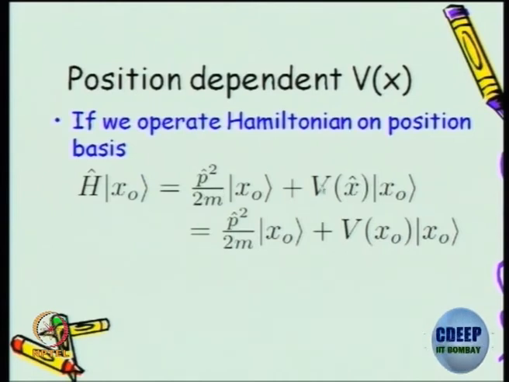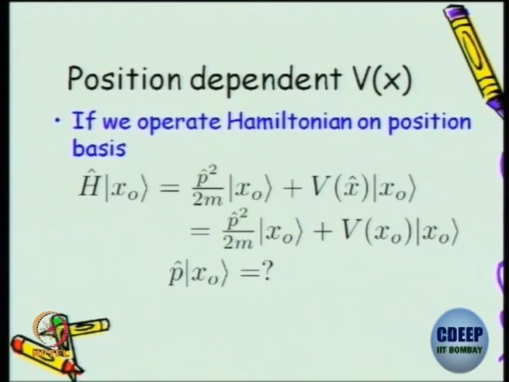The same functional form will be there. This also you have tried in one of the tutorial sheets, right? If the eigenvalue equation of the x operator on x0 is x0 times x0, any function of the x operator will give you the same functional form of x0. Recall? So I have just written it. So the question still remaining is, what is the inner product of p with x0?